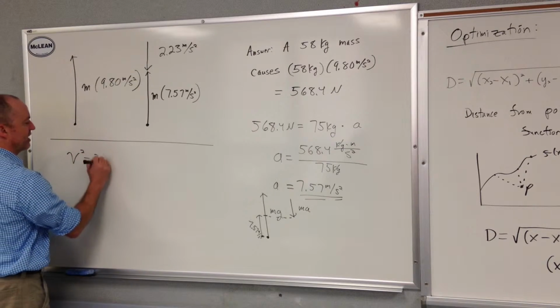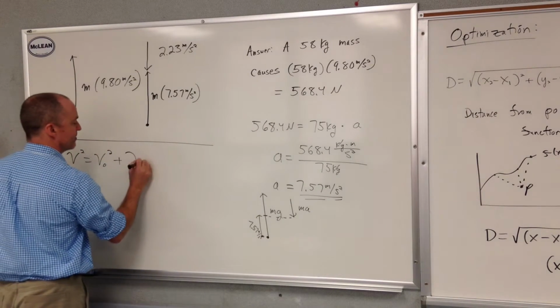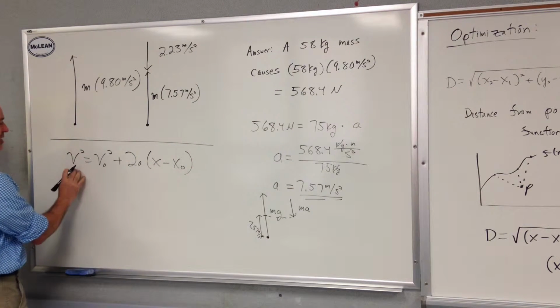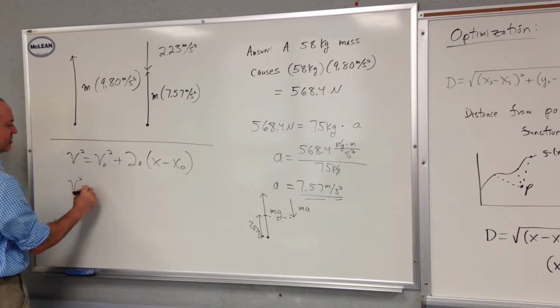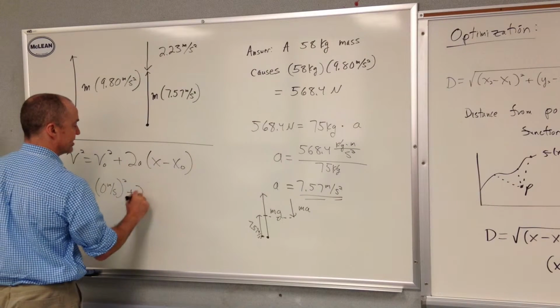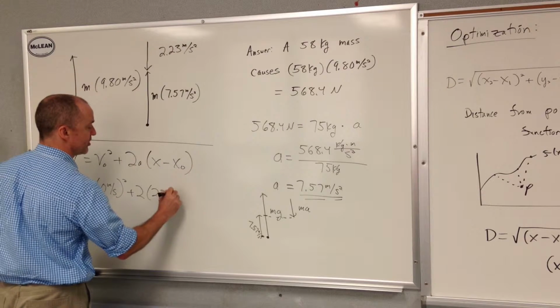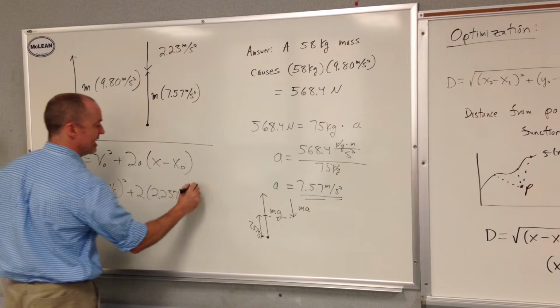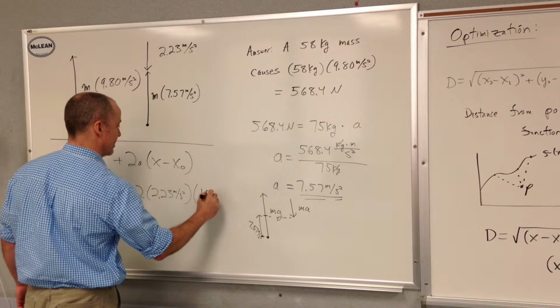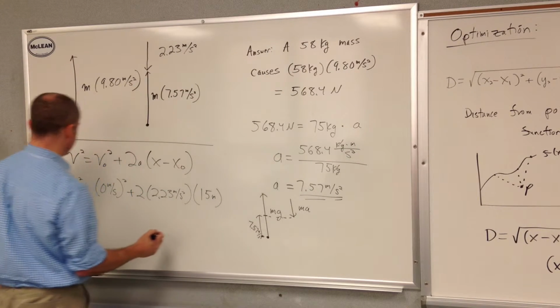We have v squared equals v initial squared plus 2a times x minus x initial. His final velocity I'm curious about. His initial velocity is 0 meters per second. His acceleration is 2.23 meters per second squared, and his total distance is 15 meters.